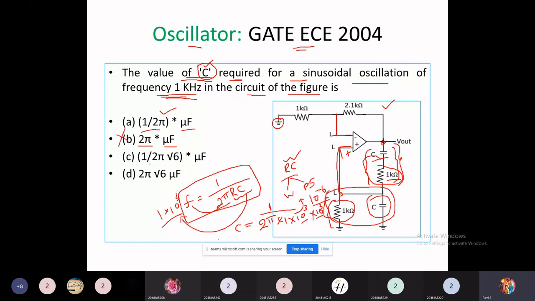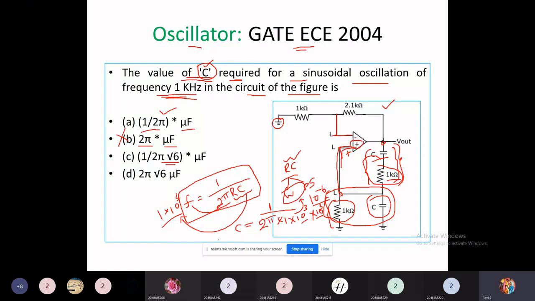Again, if you look at the next one, 1 by 2 pi times root 6, right? This root 6 formula appears for the RC phase shift oscillator. Here we are not dealing with the RC phase shift oscillator. It is a Wien bridge oscillator. A simple way to differentiate between Wien bridge and RC phase shift oscillator is that the RC phase shift oscillator is operated in inverting mode. The feedback signal will be connected to the inverting input. Whereas in case of Wien bridge oscillator, the feedback signal is connected to the non-inverting input.